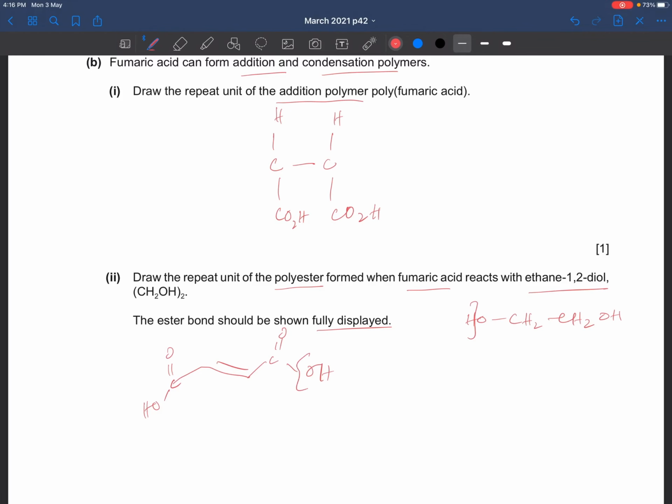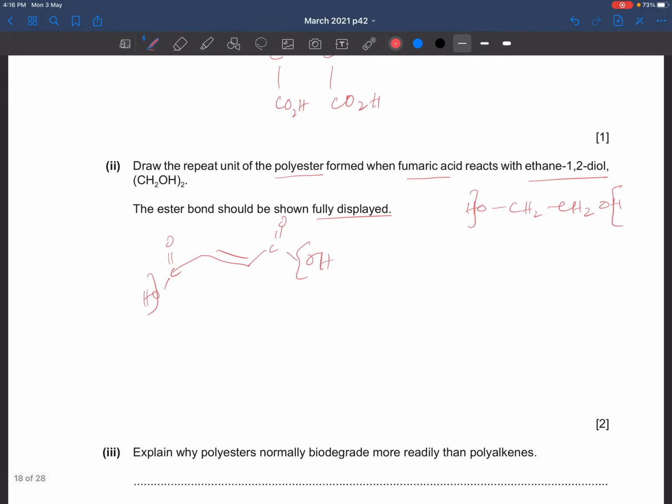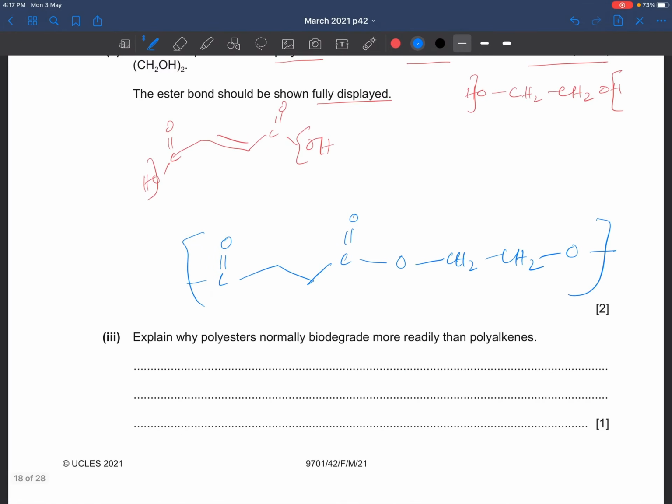So what would happen? OH and H would be lost from this side, and H and OH would be lost from this side. So the repeating unit would be C double bond O, C double bond O, O, CH2, CH2, O. This is continuation, right? So this is the polyester that would form. Explain why polyesters normally biodegrade more easily than polyalkenes. Because they can be hydrolyzed.